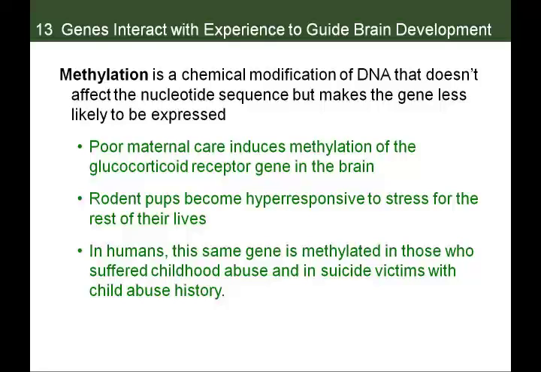When I talk about these animal studies, it's because we can't really do these invasive things in humans, but the same thing happens in humans. Okay? The same gene that's important for cortisol, in humans it's called the cortisol receptor rather than glucocorticoid, also becomes methylated in children who suffer from childhood abuse, and makes them more likely to commit suicide.